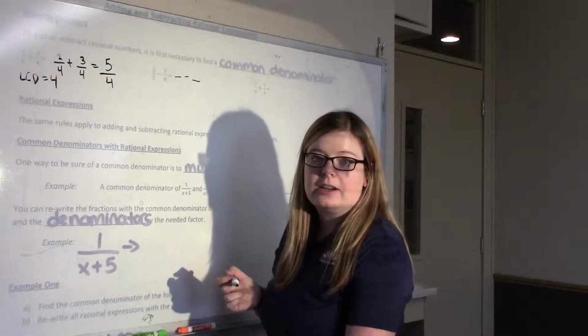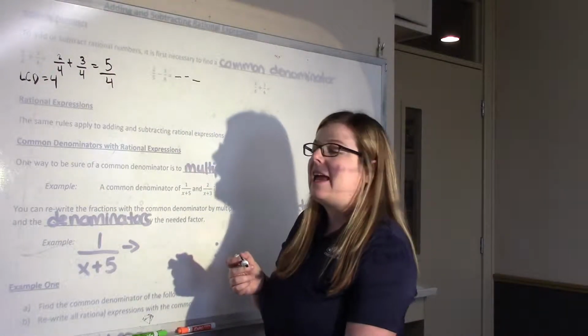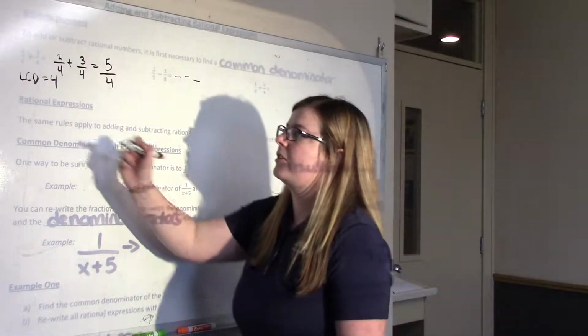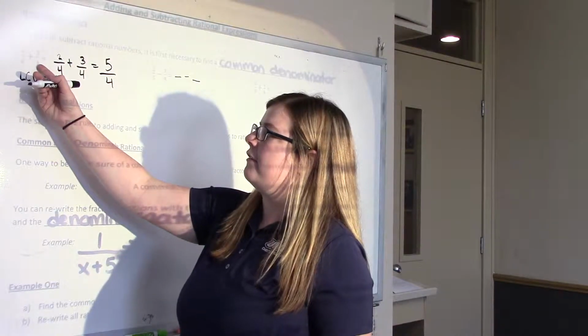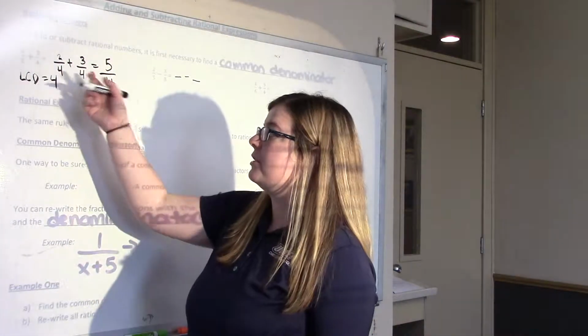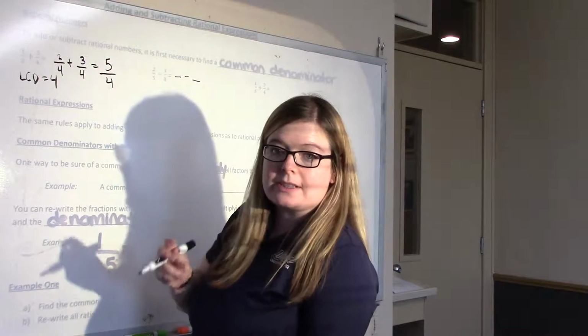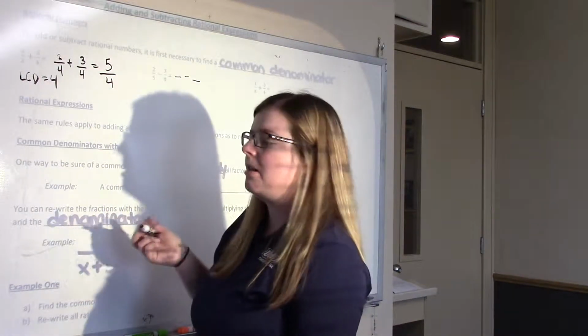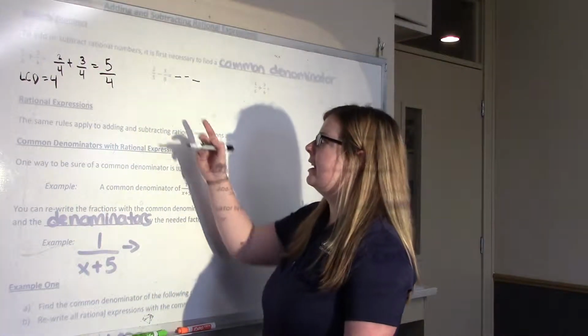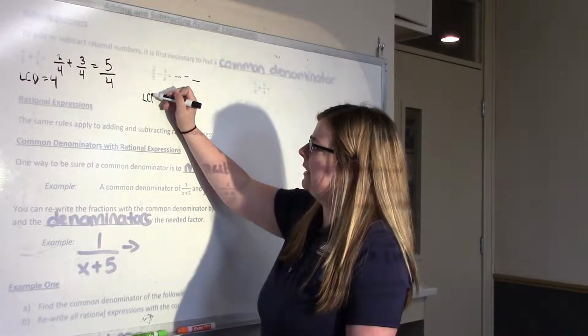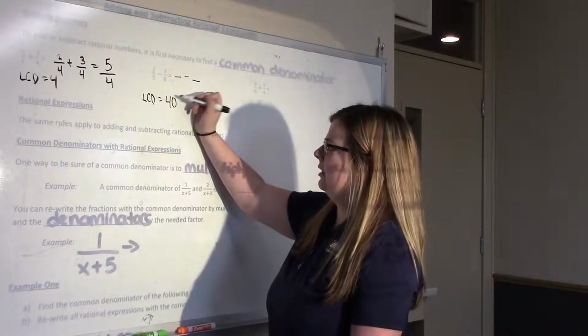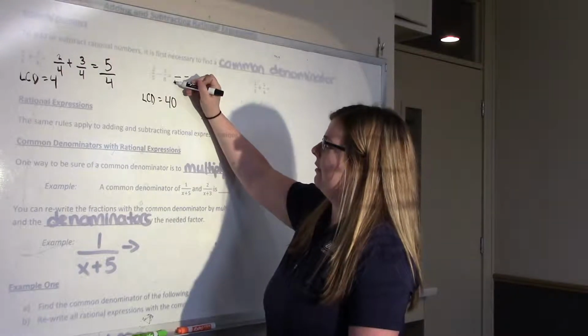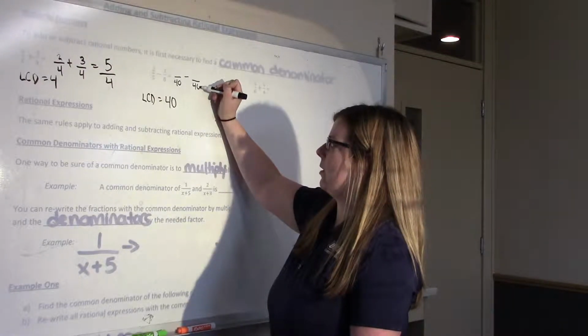Now in this case, 5 and 8, when you're unsure of a common denominator, you can always just multiply them together and get a common denominator. It might not always be the lowest. So for instance, if I had done 2 and 4 to get me 8, it would have still worked. It just wouldn't have been the lowest common denominator, just a common denominator. But in this case, the lowest common denominator is 40. Okay, so I rewrite them both with a denominator of 40.